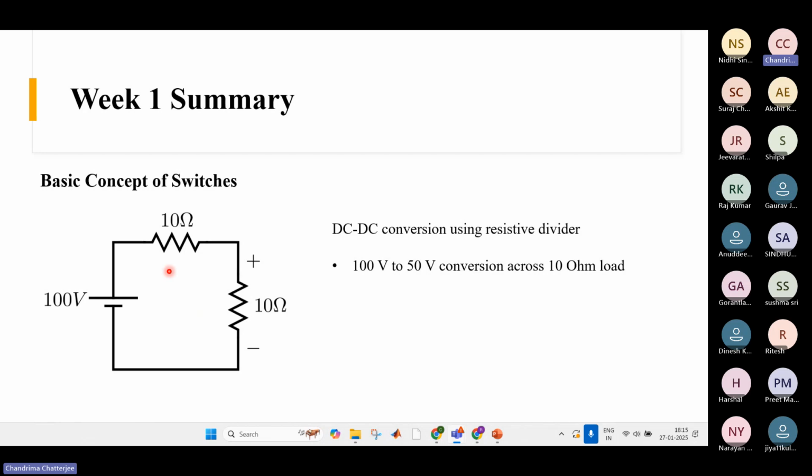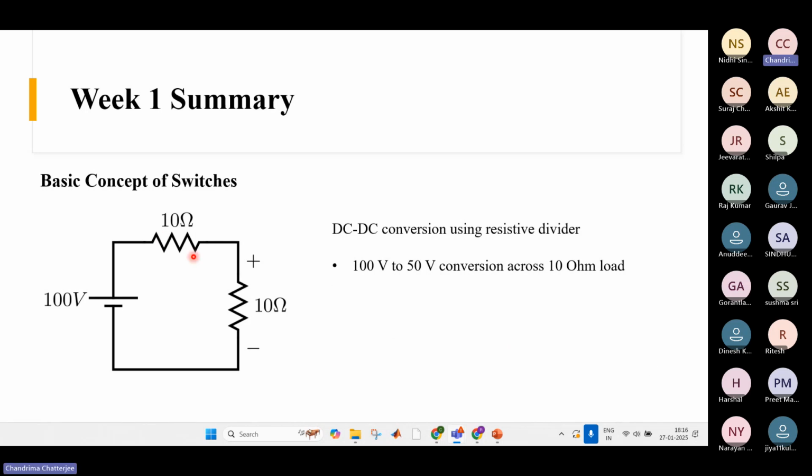If 5 ampere is flowing through this circuit, then across this 10 ohm and across this 10 ohm, the voltage drop should be the same, because they are equal resistances. The voltage across this resistance will be 10 multiplied by 5, because the current is 5 and the resistance is 10, so the voltage drop is 50.